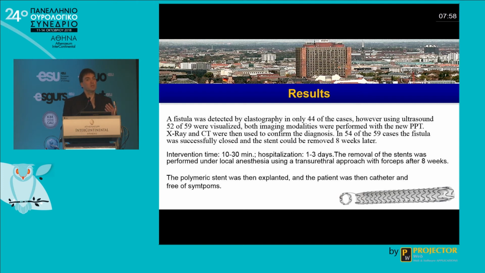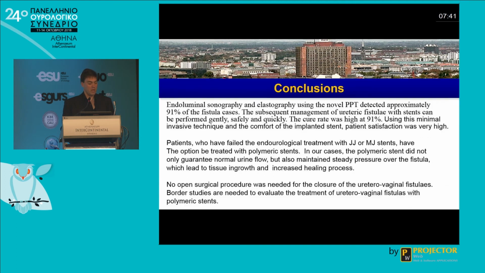In the B picture you see it with the technique, pumping probe, forward, backward, really exact, and then it is simple to find. And next, in local anesthesia, you get the stent inside, and all your problems will be gone really easily. And so we have the rate of closing the fistula in 91%.